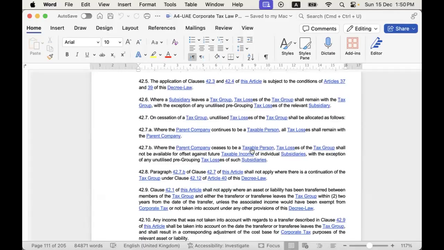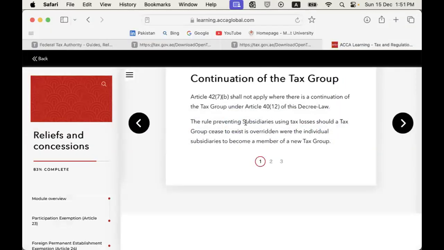Where the parent company ceases to be a taxable person, tax losses of the group shall not be available for offset against future taxable income of the individual subsidiaries, with the exception of unutilized pre-grouping losses. Subsidiaries can take back their original pre-grouping losses. Otherwise, the whole losses of the tax group will expire. It shall not apply where there is a continuation of the tax group.